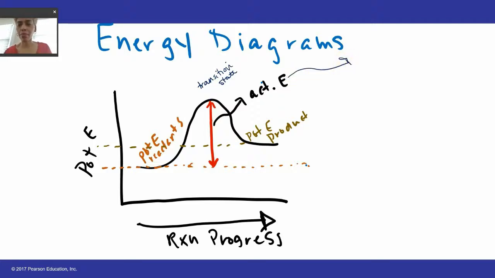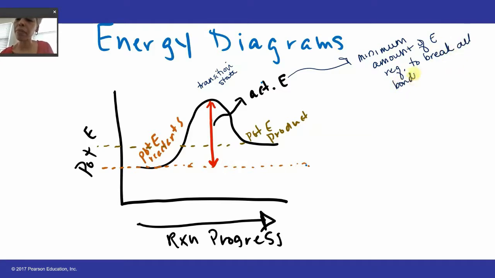So it's a minimum amount of energy required to break all the bonds in the reactants. So we can say that this is the sum of the bond dissociation energy of our reactants.